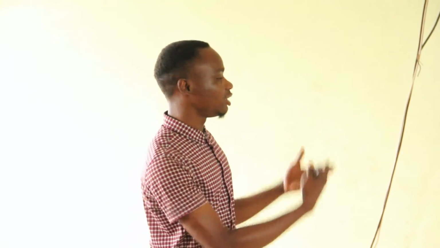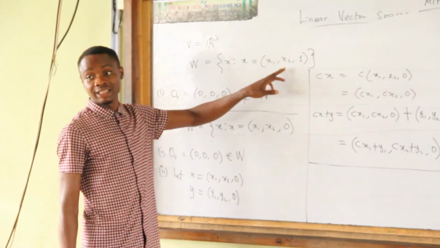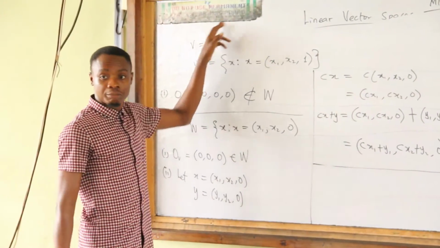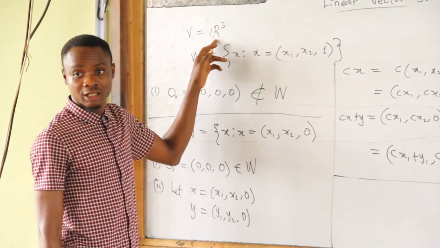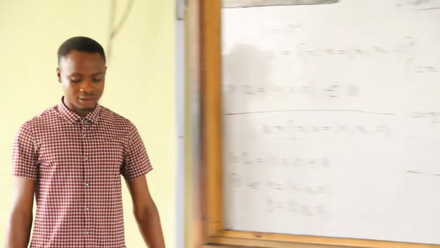What you just make here is that it has to be a real number. The major space is R3. Is it clear? So if it's a real number, it's still a real number.